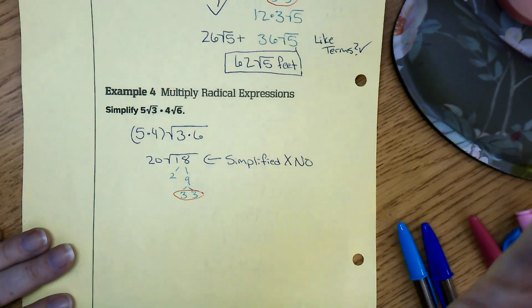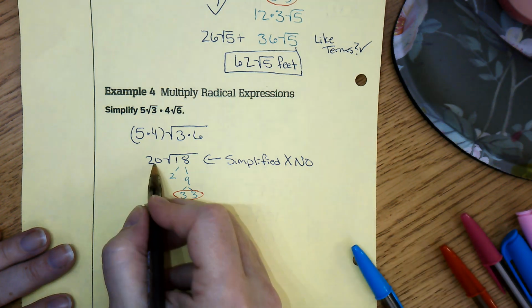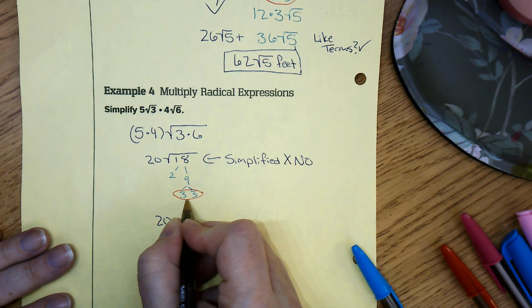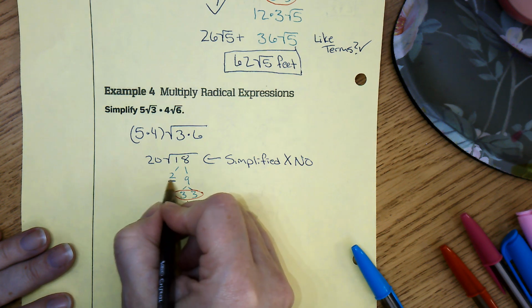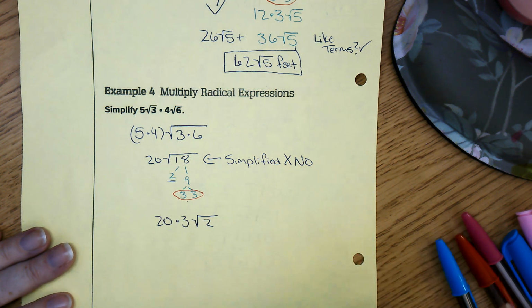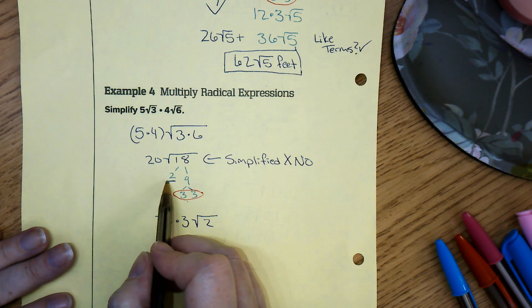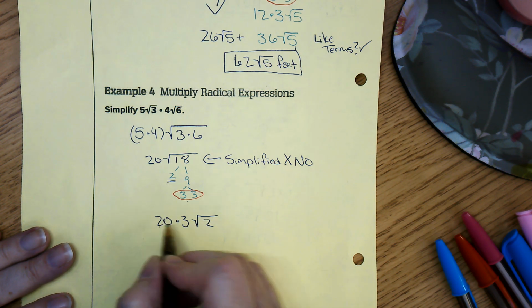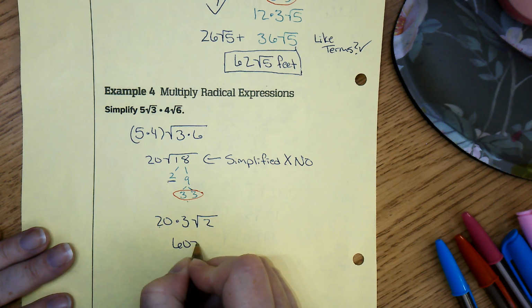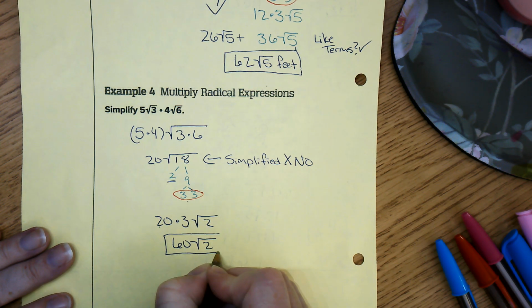We can pull a set of 3 out. So that gives me 20 times the 3 I pull out, and what is left under my radicand? 2. Remember, whatever you're leaving under the radicand, it's the end of a branch. So 20 times 3 is 60 square root of 2.